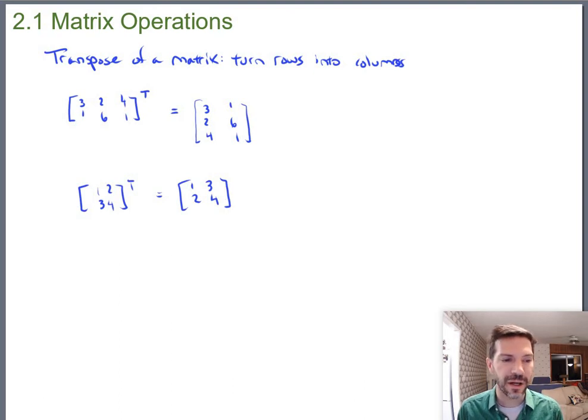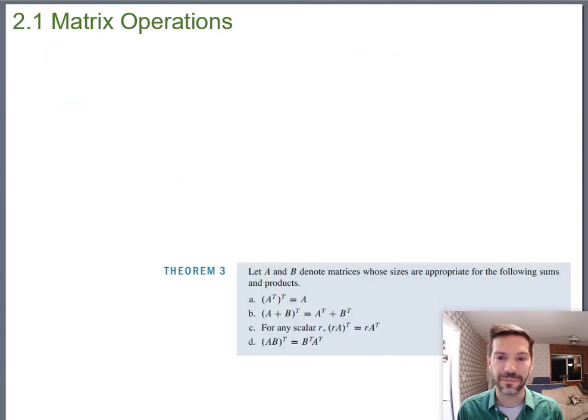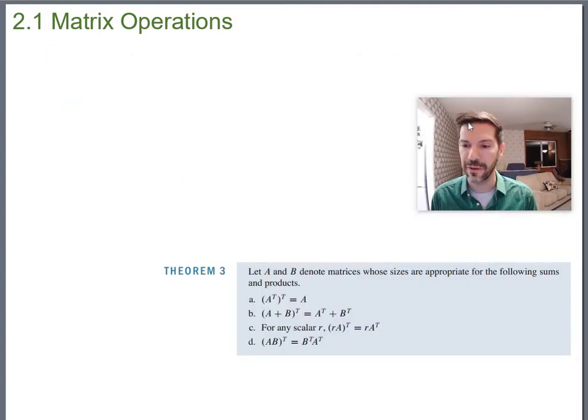So they have a couple things they would like you to know about this new operation of transpose. They would like you to know that if you transpose a matrix and then transpose it again, you get back to where you started. Hopefully that makes sense intuitively. If you turn rows to columns and then turn the columns back into rows, you should be back where you started. For addition, transpose distributes.